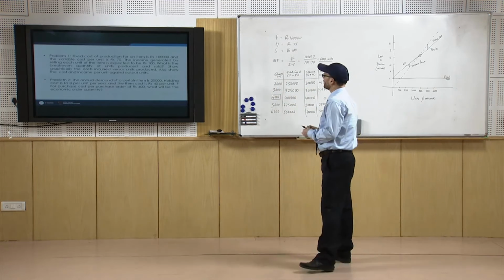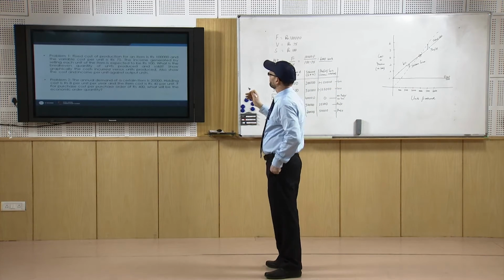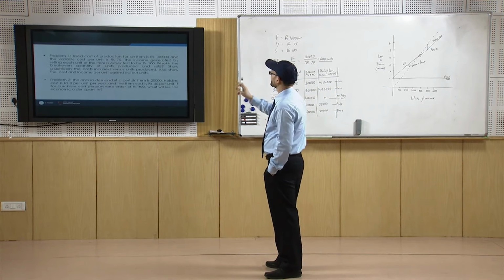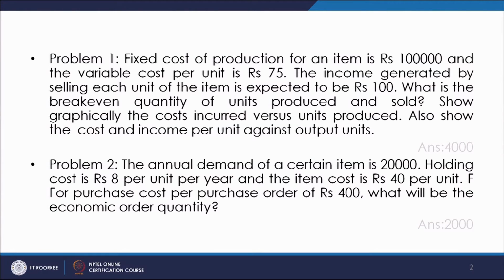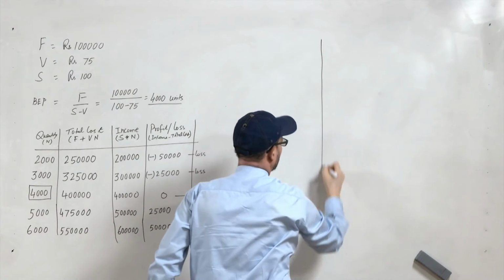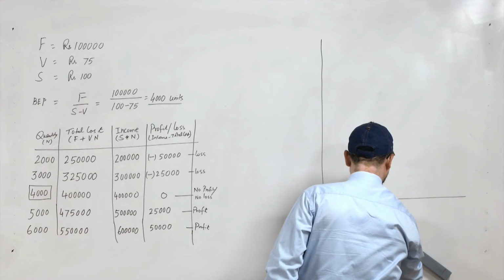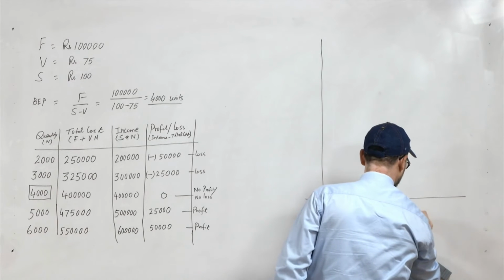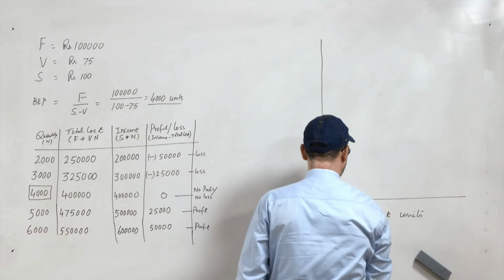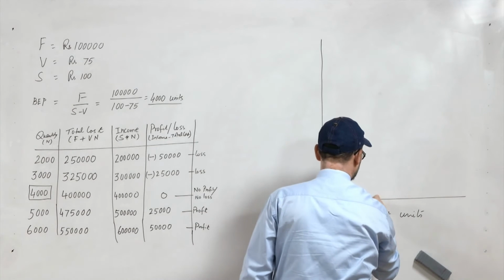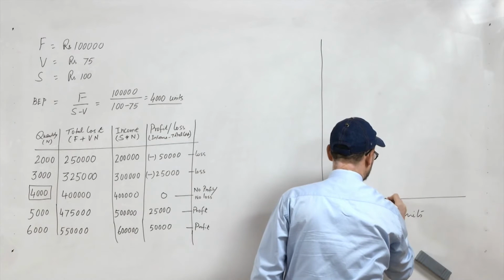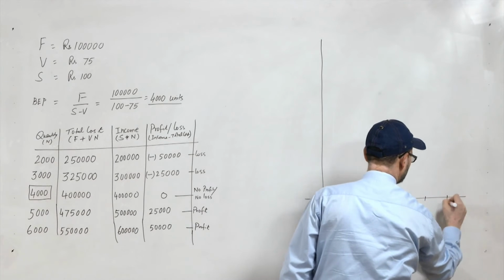Now, let us see, we have to find the graph for cost and income per unit against output units. So, we have to find the graph for this. Now, in that, output units will be 1000, 2000, 3000, 4000, 5000 and 6000.